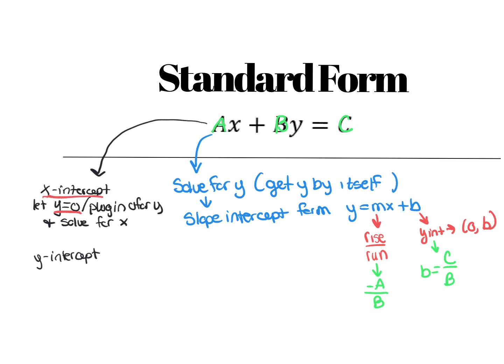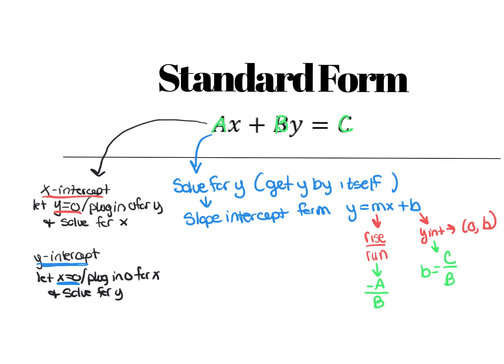X-intercept, y equals 0. To find the y-intercept, you're going to let x equal 0, or plug in 0 for x and solve for y. The y-intercept, x equals 0. So those are our two options.